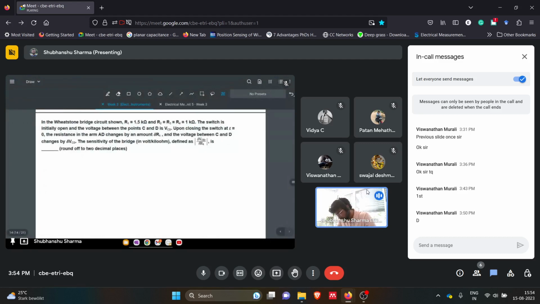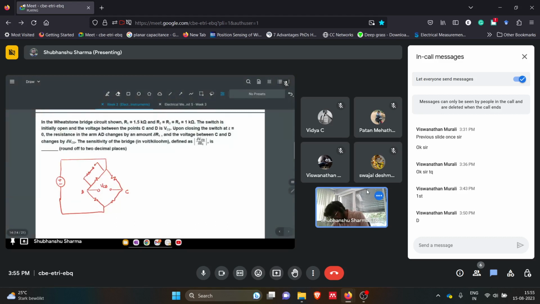I have to draw the circuit for you, sorry for that. We have a circuit like this. This is VCD, this is D, this is C. This is some resistance, this is the switch.